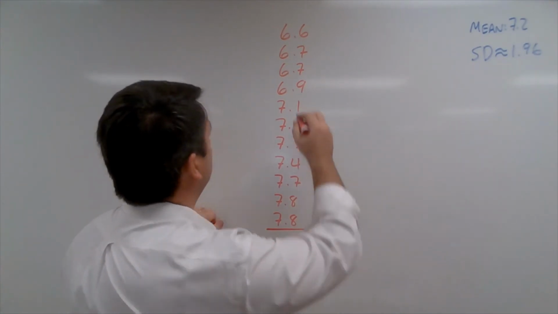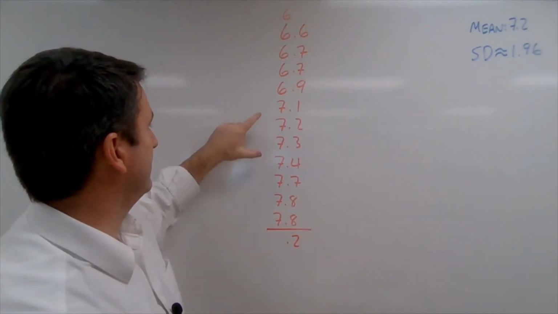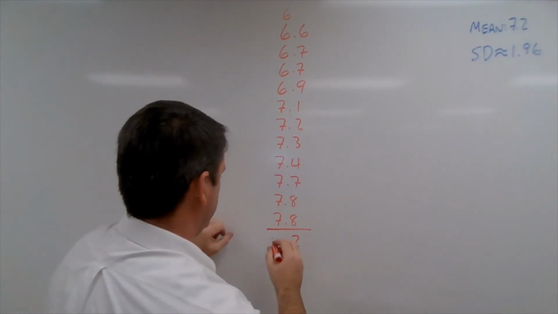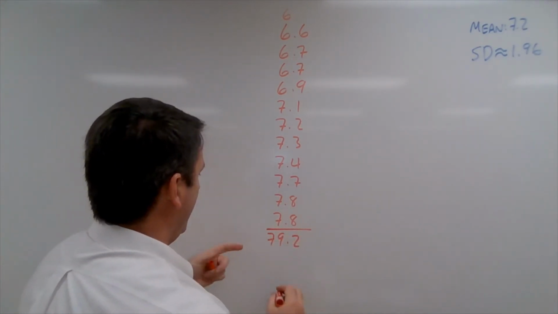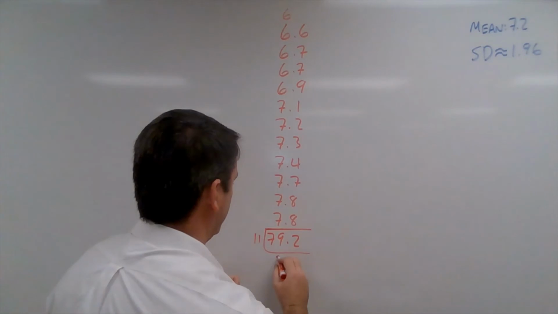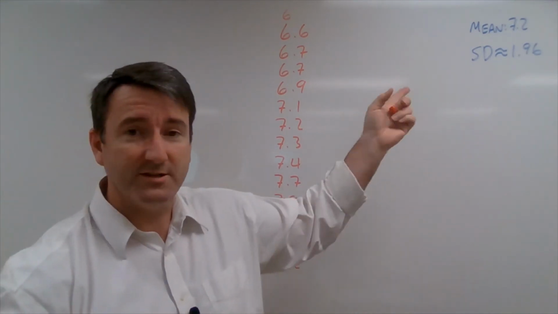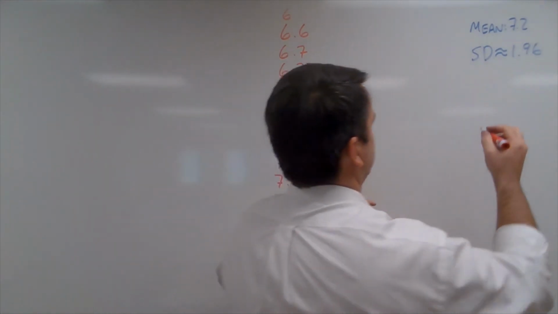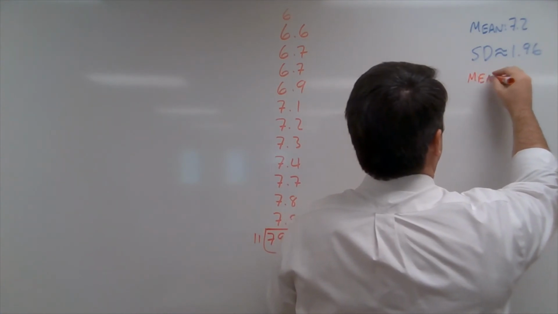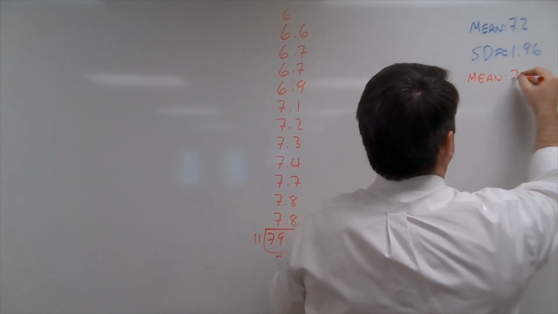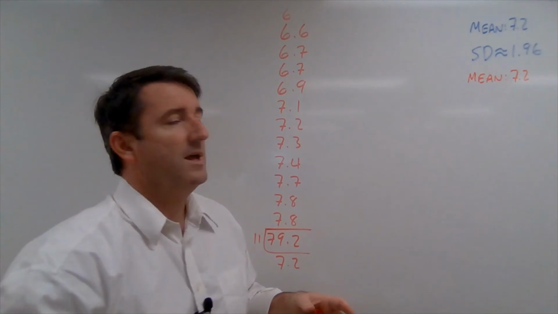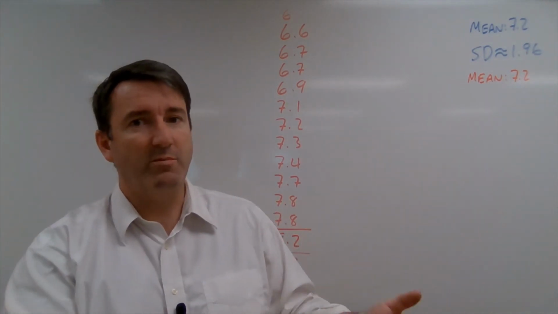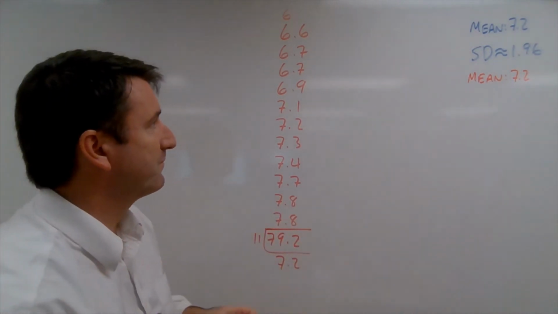So 0.2, and then 6 times 5 is 30, plus 49 is going to be 79. And if we divide that by 11, we get 7.2, just as we did with the earlier data set. So the mean here is going to be 7.2. So the average wait time for both of these banks is the same.